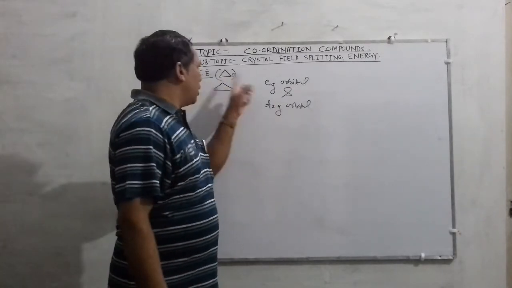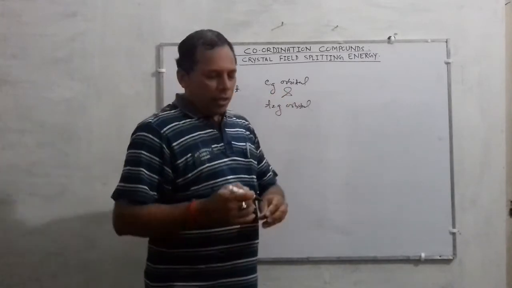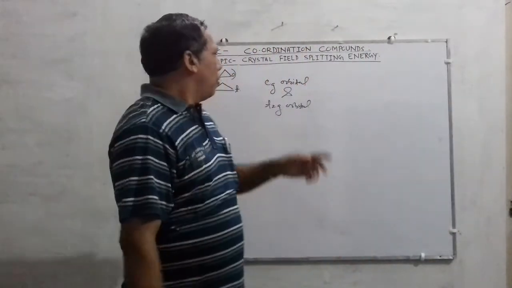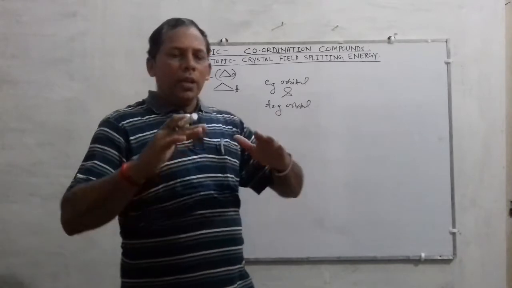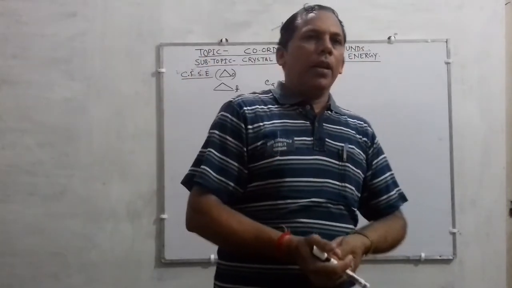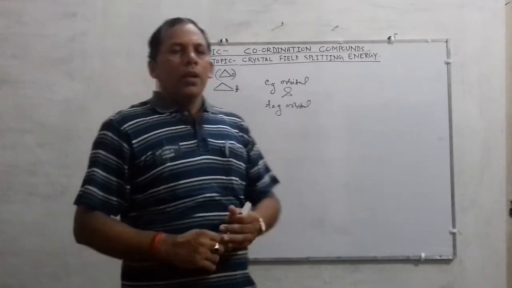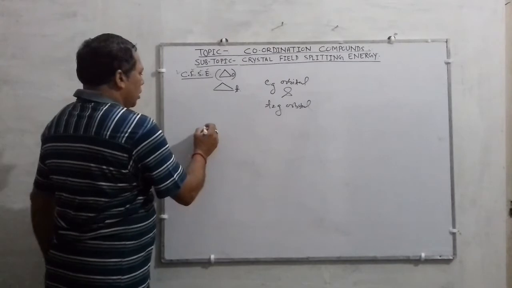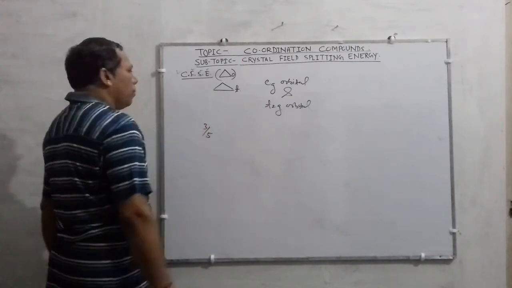In this splitting, Eg is considered the higher energy level, while T2g is considered the lower energy level. And one more point, it is found that the Eg orbital is 3/5. Must remember this value.